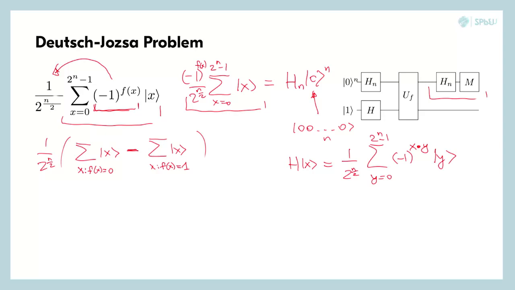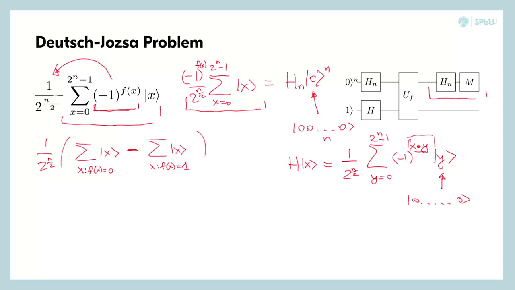This is our formula for the Hadamard transform. Now imagine this vector y is all zeros. Then this dot product here is 0. And this vector is always with a coefficient plus 1.